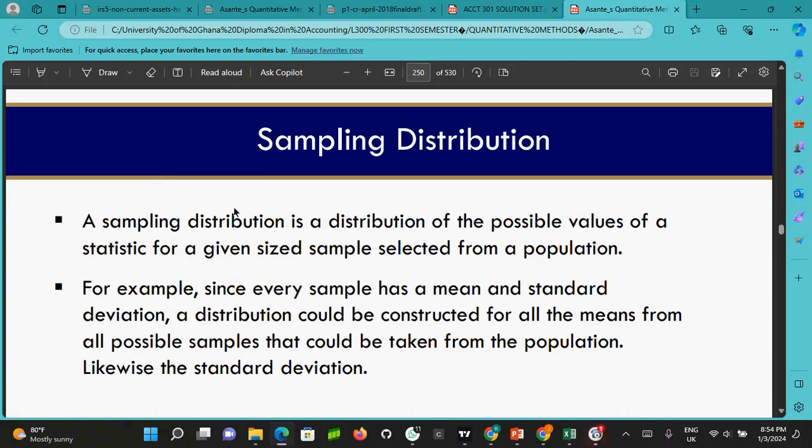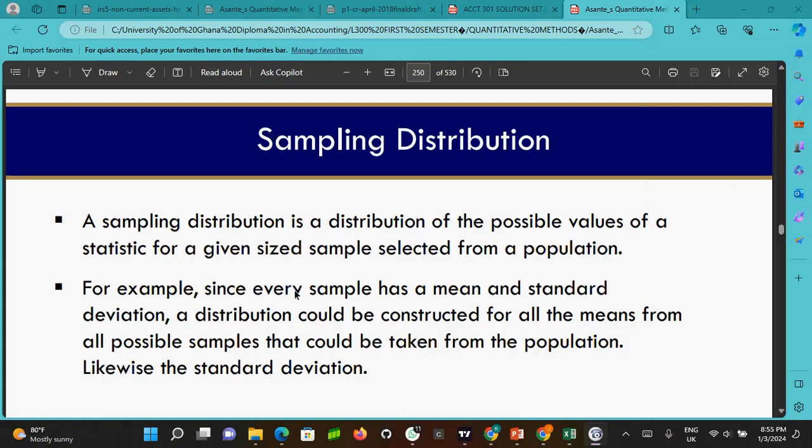So, sampling distribution. Sampling distribution is the distribution of possible values of a statistic for a given size sample selected from a population. So it is like the normal distribution.